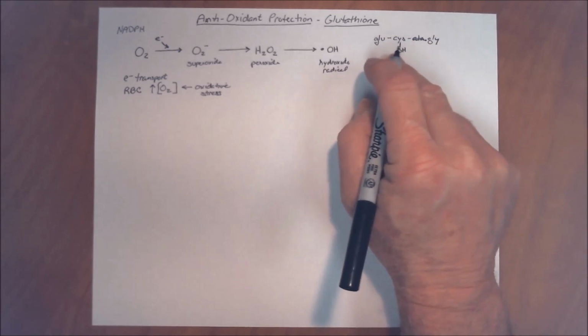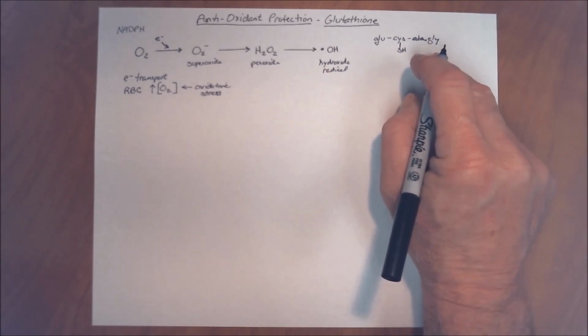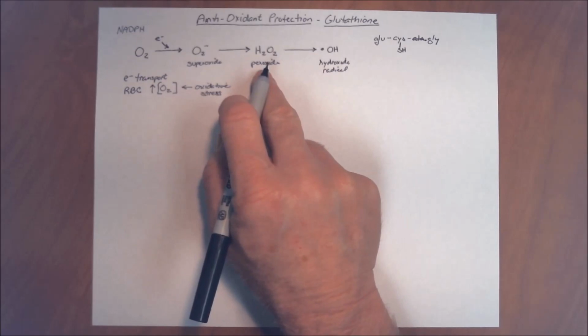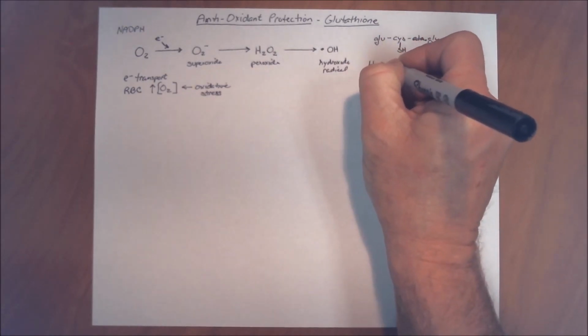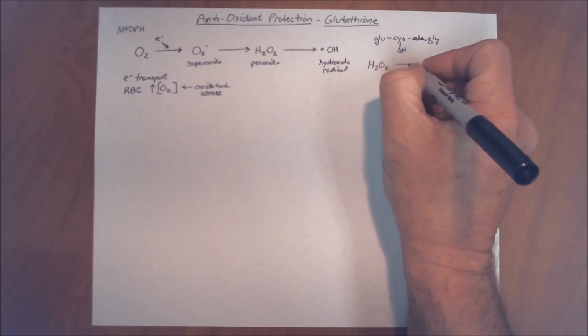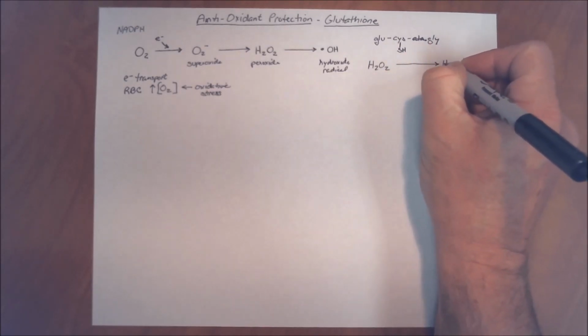So if we take glutathione with our peroxide, it is able to take the peroxide molecule and convert it to water.